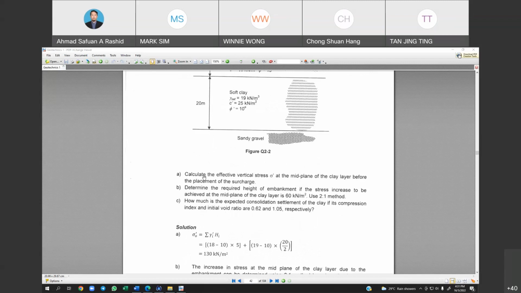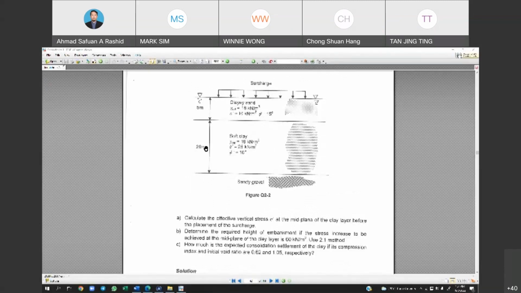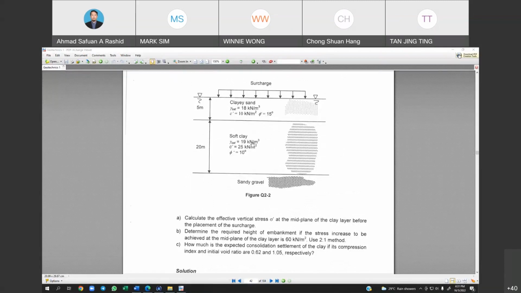A. Calculate the effective vertical stress at the midplane of the clay layer before the placement of the surcharge. So for the first question, what will be the effective vertical stress at the midplane of the clay layer? 5 meter times 18 minus 10, so that is for the clayey sand.